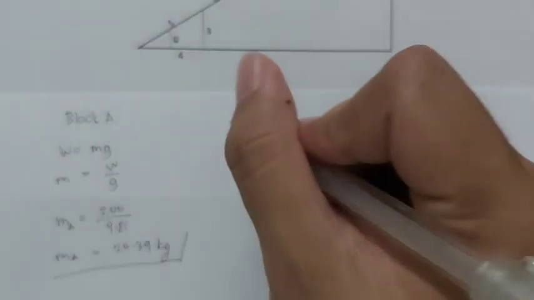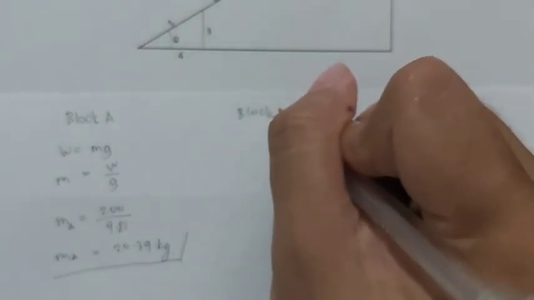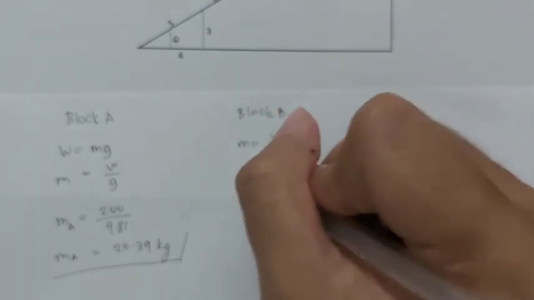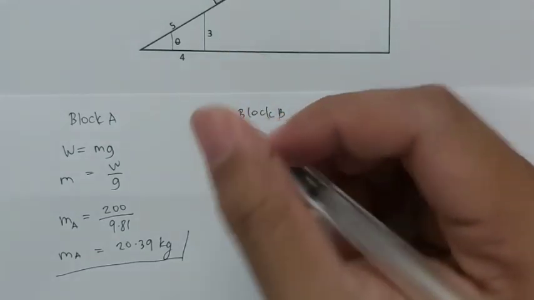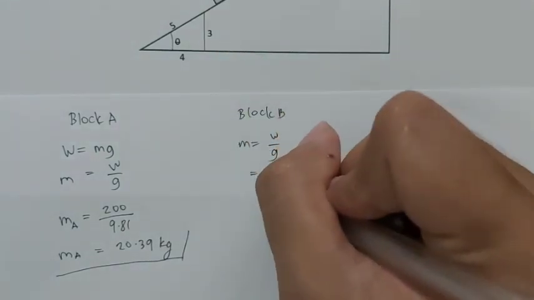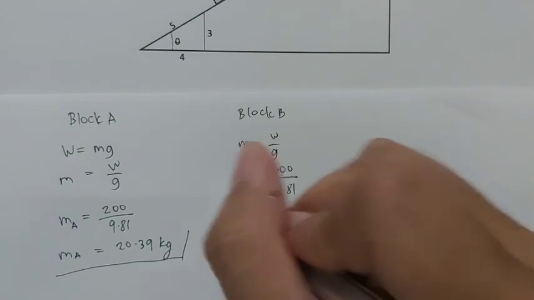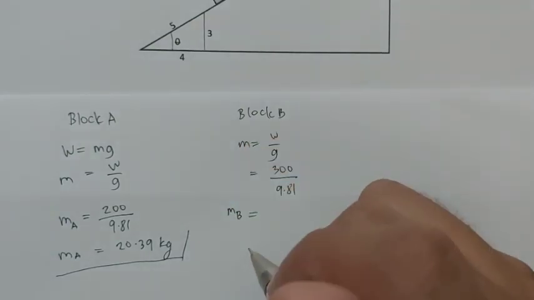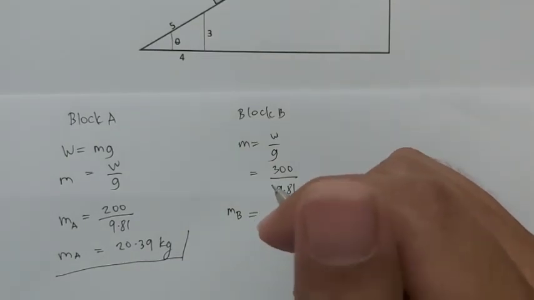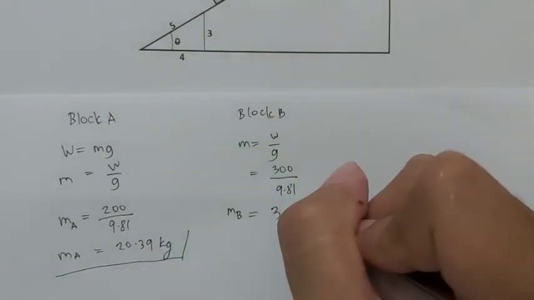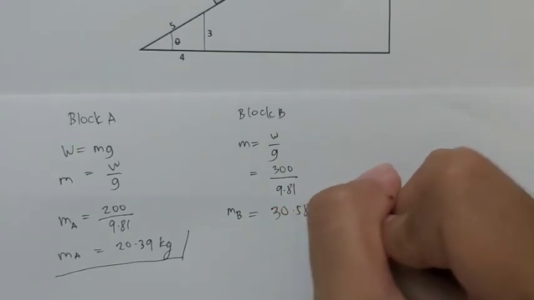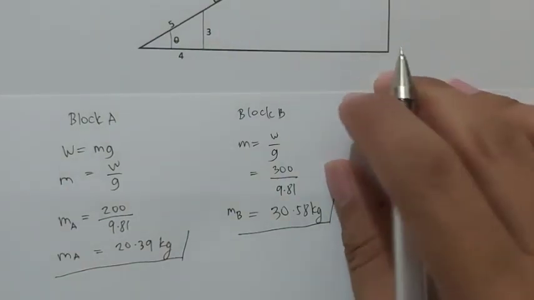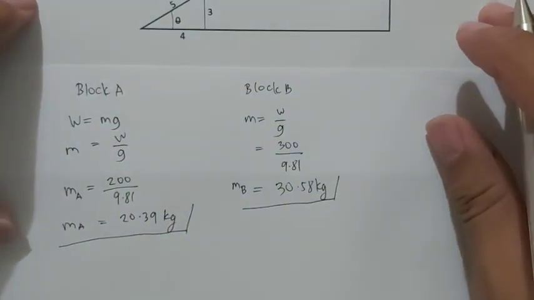Then same for block B. So we have mass is equal to weight over gravity, which is the weight of block B, 300 Newton all over 9.81, which is the gravity. So for mass B, with calculator, we have 30.58 kilograms.